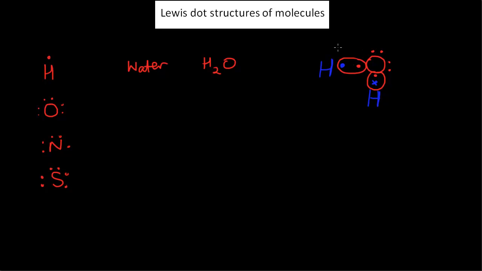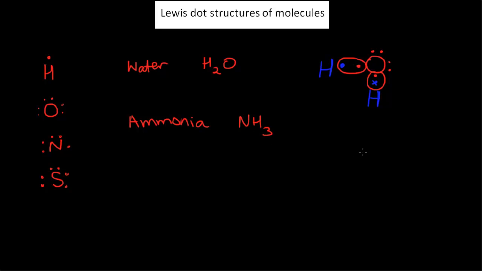And so that's a very simple Lewis dot structure. Okay, let's have a look at another molecule. How about ammonia? The molecular formula of ammonia is NH3.